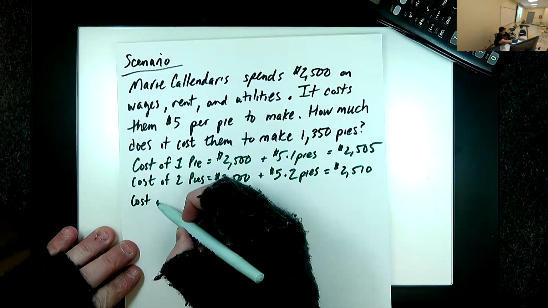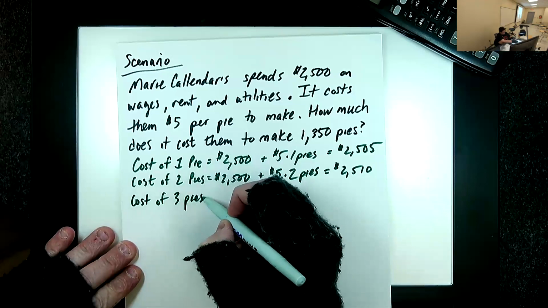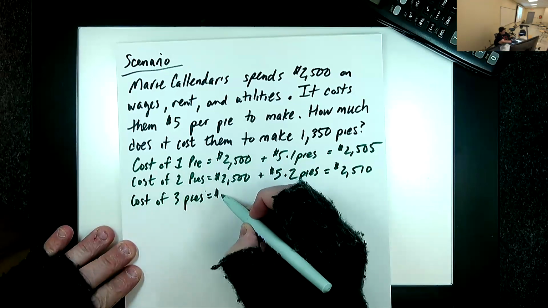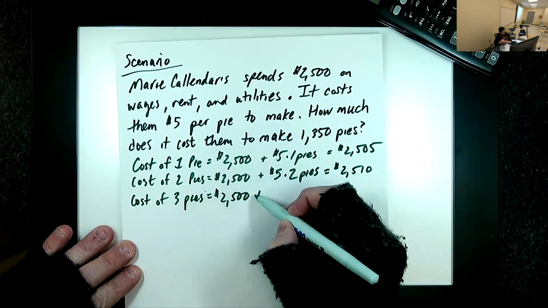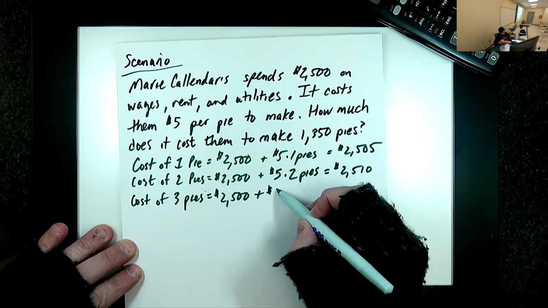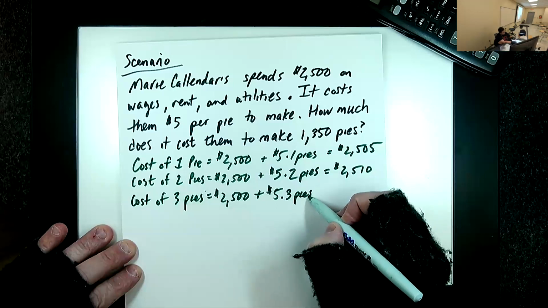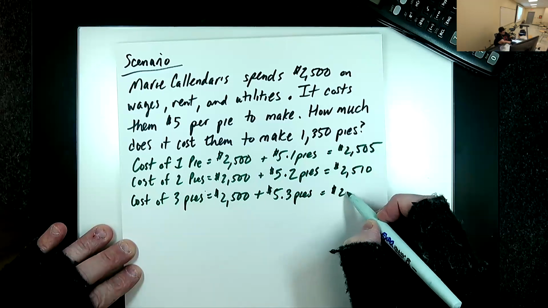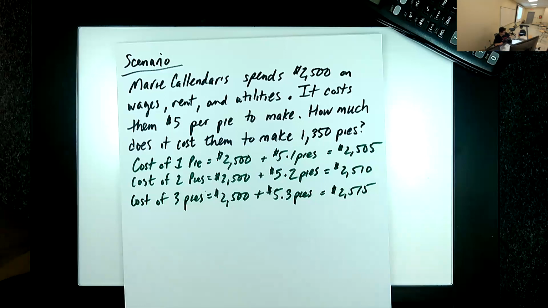Cost of 3 pies. $2,500. We could do 5 plus 5 plus 5, or we can do 5 times 3. And this would be $2,515.